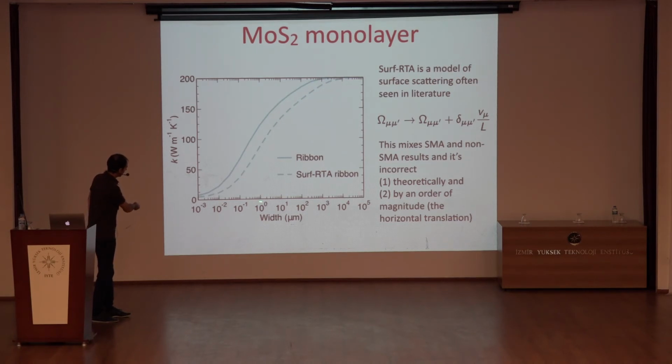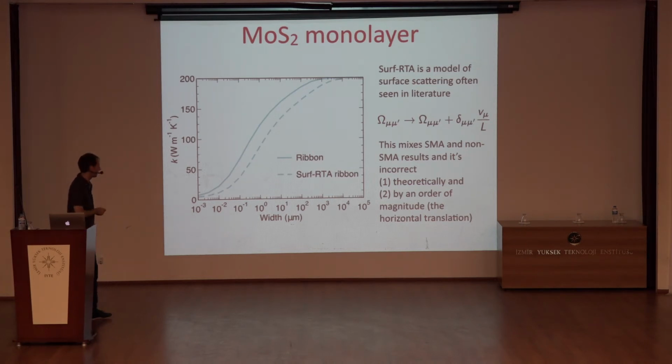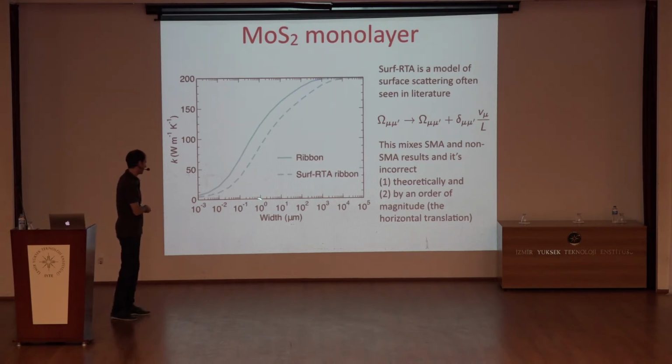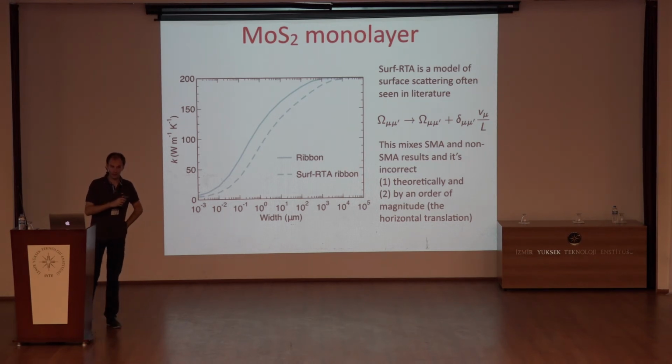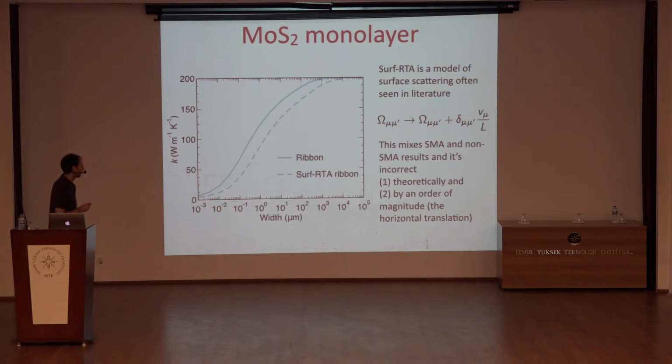Basically, I shifted these values obtained in the dotted lines by this theory to an order of magnitude smaller values, meaning that this might have some consequences, up to about an order of magnitude maybe, in the way we predict the size at which nanostructuring will have an impact on thermal conductivity.